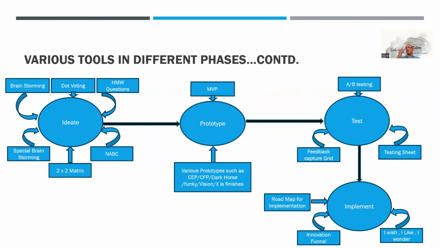Special brainstorming is negative brainstorming. Usually what we say in brainstorming is how can we make that particular thing happen. In negative brainstorming, we say how can we make that particular thing not happen. We'll brainstorm on all the possible things for that particular thing not to happen.